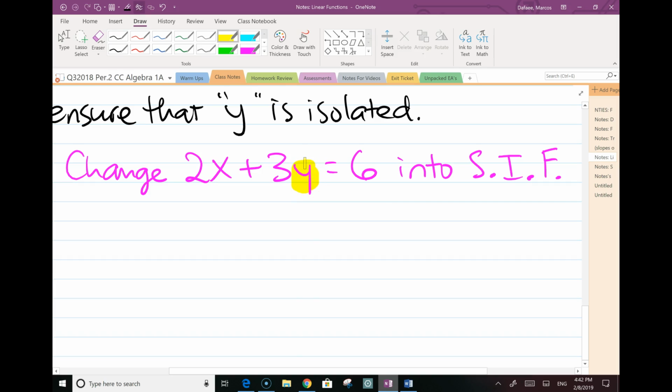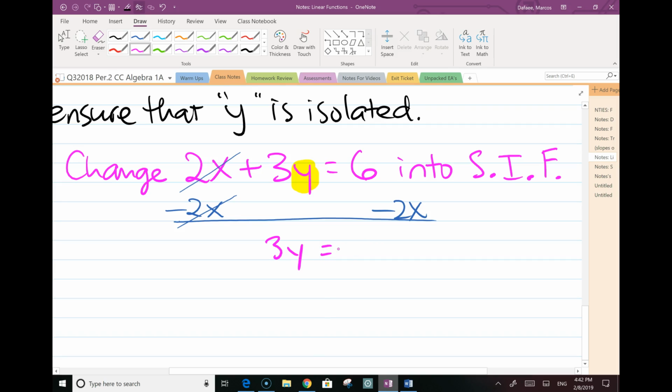Get that y alone. And so to that end, I'm going to move this 2x by doing the inverse operation. So I grab the whole unit, the whole term, and I move it to the other side. So these cancel, and what I get is 3y is equal to.